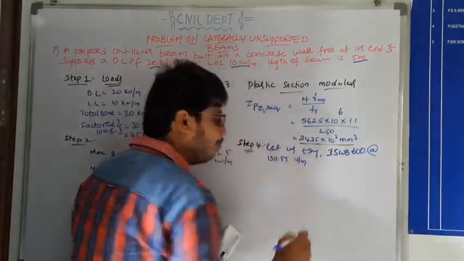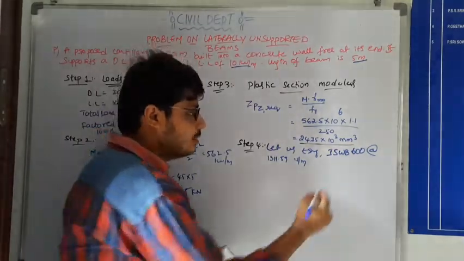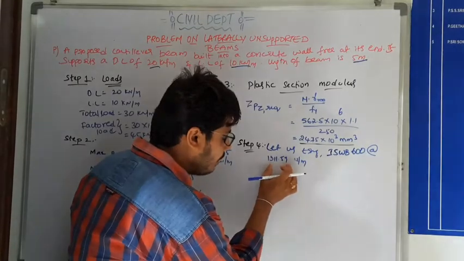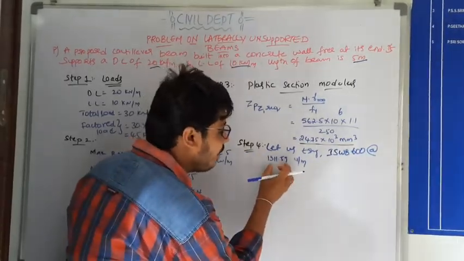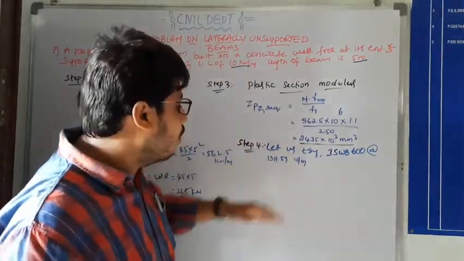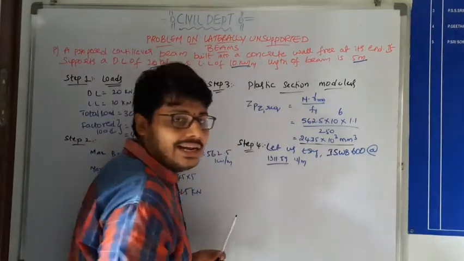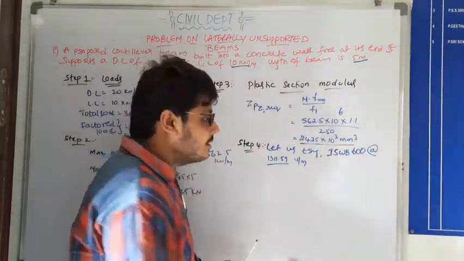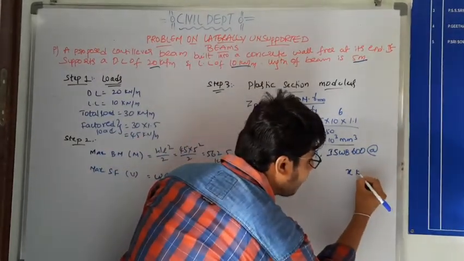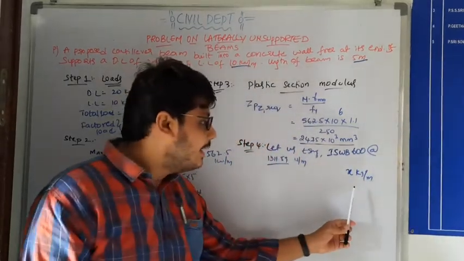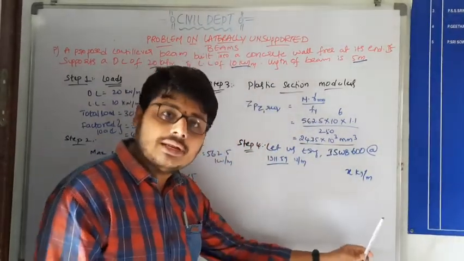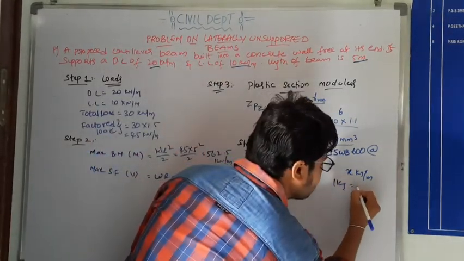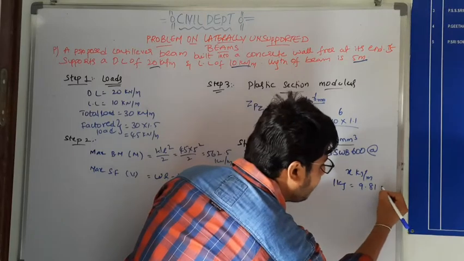So once listen. Here we have the value for ISWB 600, but in the steel table book or code book you don't have this value. So for suppose ISWB 600, some value will be there, some x kg per meter. 1 kg is equal to 9.81 newtons.